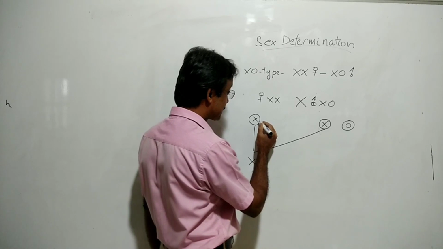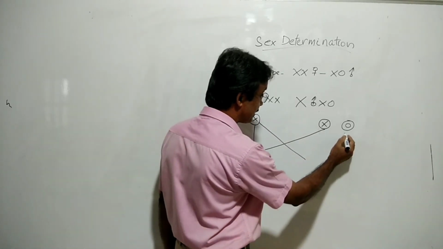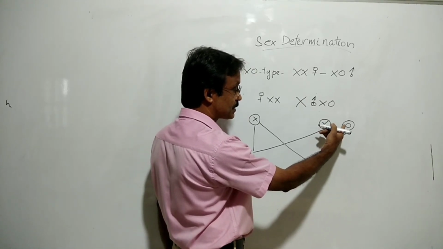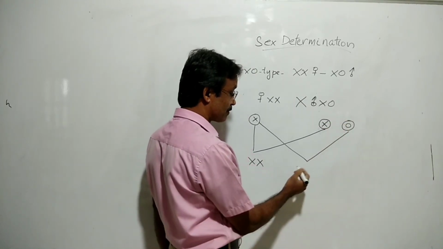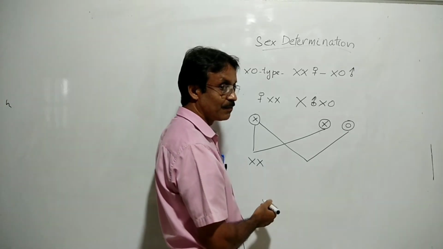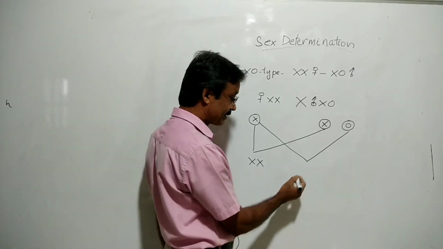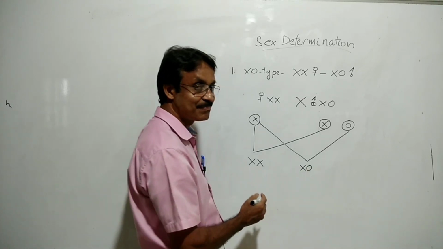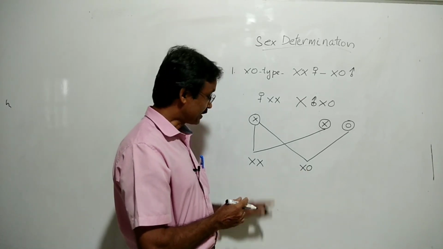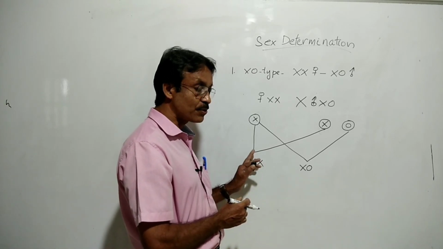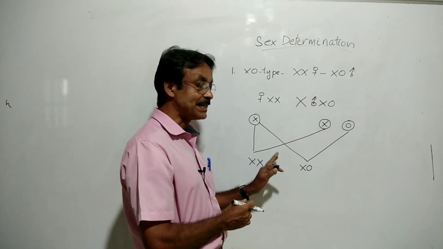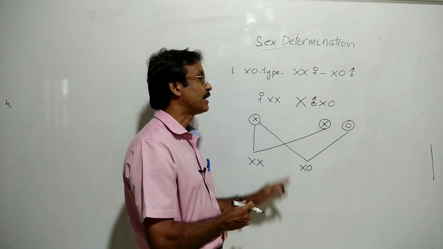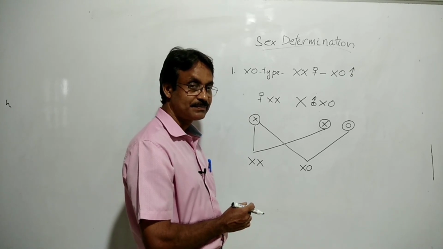If the ovum is fertilized with the second type of sperm, that is the sperm without the X chromosome, then what is the sex of the offspring? It is X0, and so it is male. So the presence or absence of an X chromosome determines the sex in insects like grasshopper.